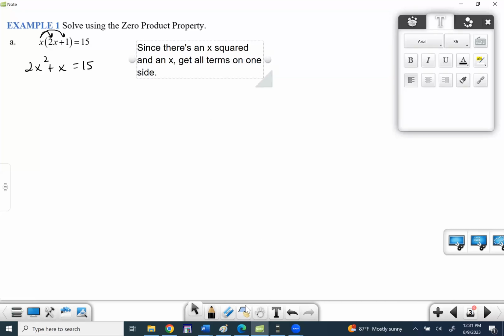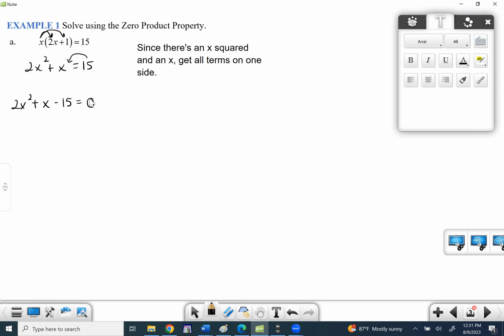Okay. All right, so we're going to have to move everything to one side, and the easiest way to get that done in this case is to move the 15 over. We won't always move things to the left. Sometimes we'll move things to the right if it's going to keep our leading term positive. That's the key. You always want to keep the squared term positive.